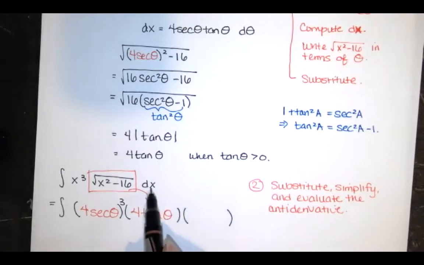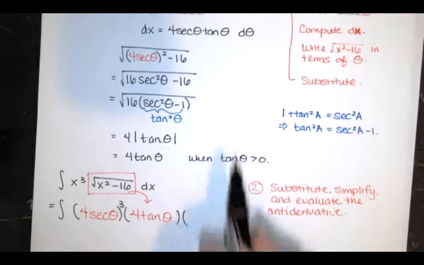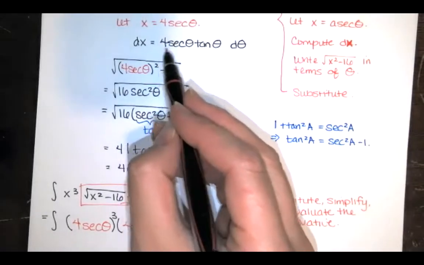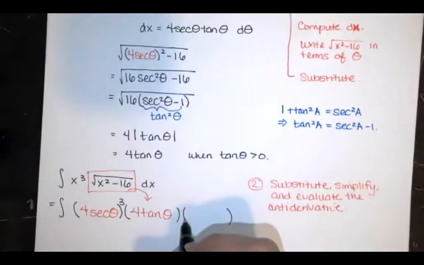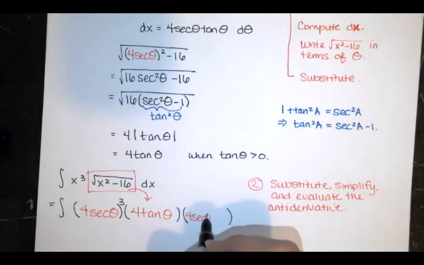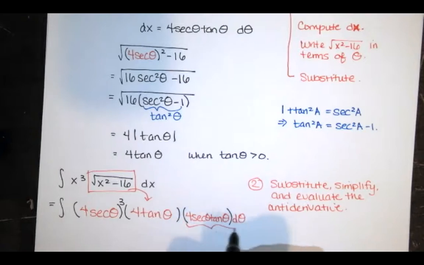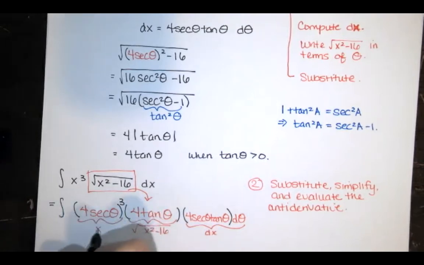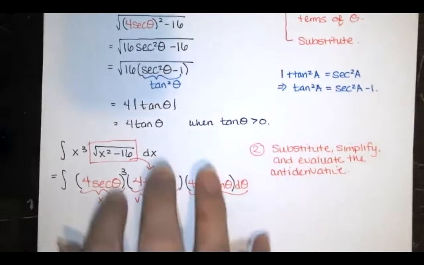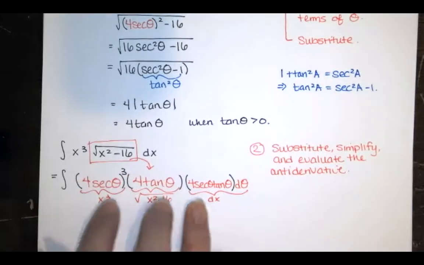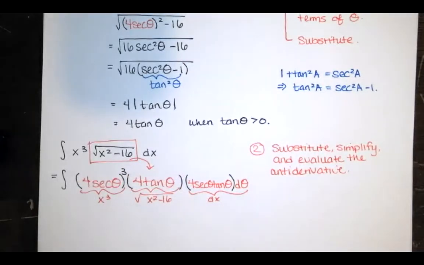And then dx, it's not d theta, it's actually 4 secant of theta tangent of theta d theta. I guess I didn't leave myself enough room. So this was our dx, this was our radical expression, and this was our x cubed. So we have literally replaced all of these expressions involving x with expressions involving theta.